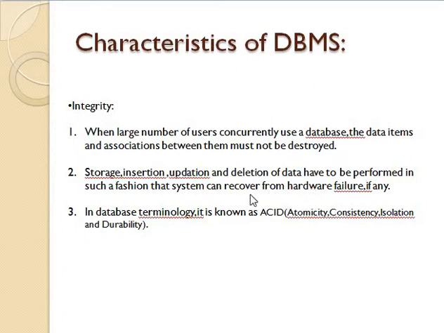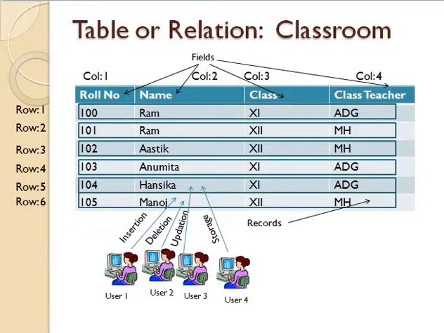Atomicity ensures that any activity, if performed on a database, should be completed in its entirety. Say for example, if insertion of data is an activity that is being performed by user 1 on this database, then it should be completed in its entirety.